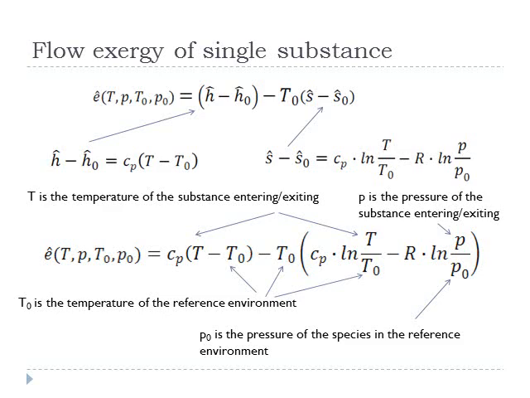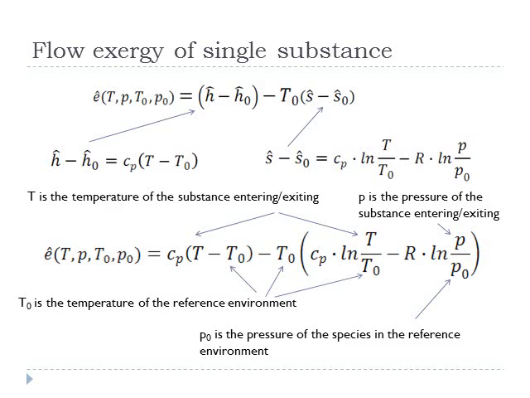If it isn't, we just have to make that correction as we saw before for H2 minus H1. H is defined at the temperature of the substance as it enters or exits the system, and T naught being the reference environment. So we may need to have a linear correction term to the enthalpy.